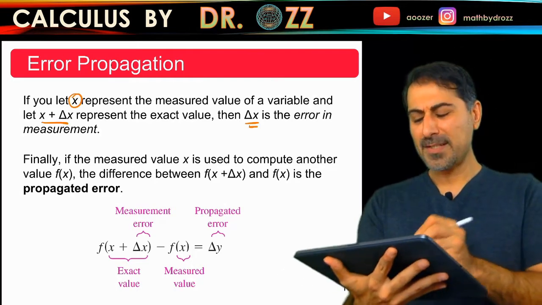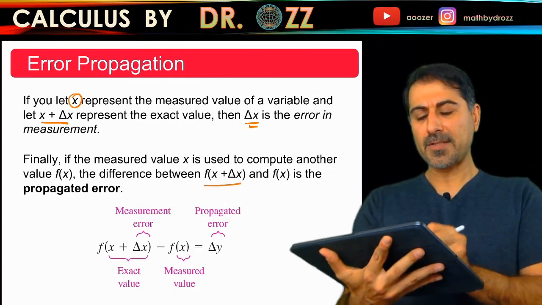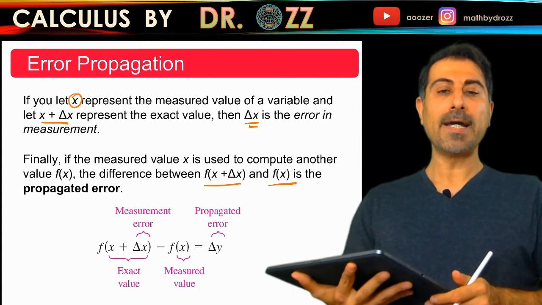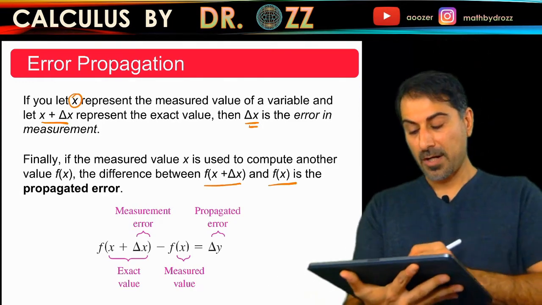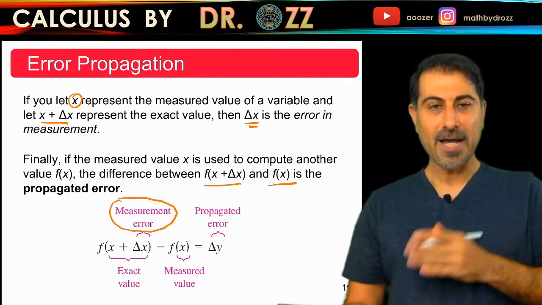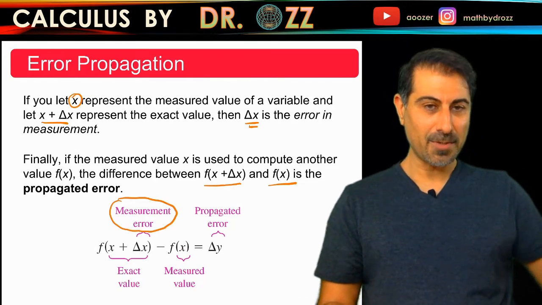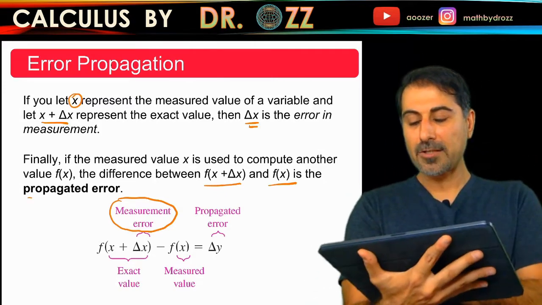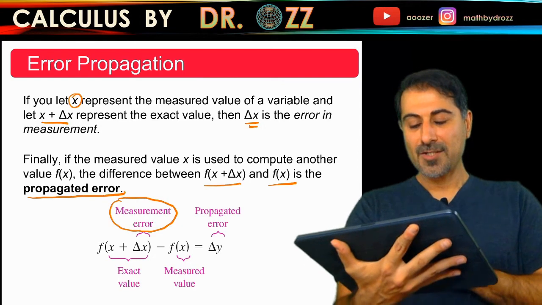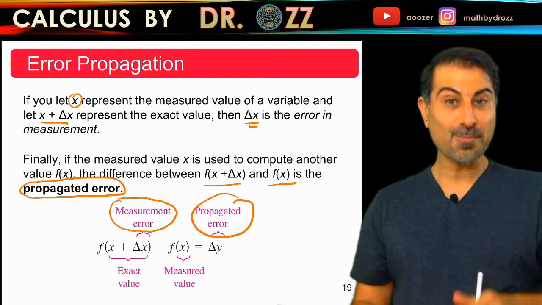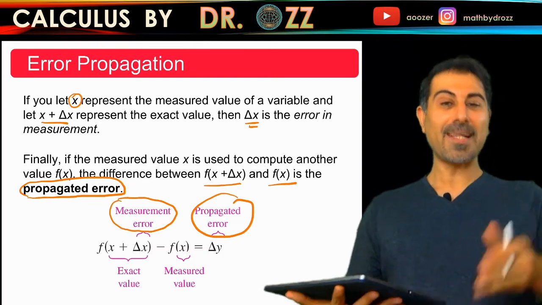Now what does this difference represent? f of x plus delta x minus f of x. Remember, we made an error in the measurement. So now error is propagated because we're trying to evaluate the volume of the ball bearing. So the propagated error is the difference between f of x plus delta x and f of x.